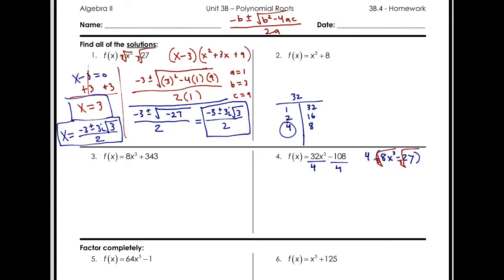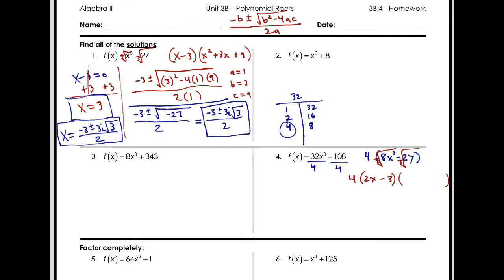Cube root of 8 is, let's keep our GCF out here, 2. Then you'd have x. Right, and then the cube root of 27 would be 3. Now we need our trinomial. Hopefully we have enough space here. So what do?